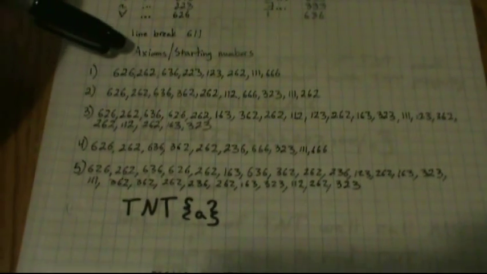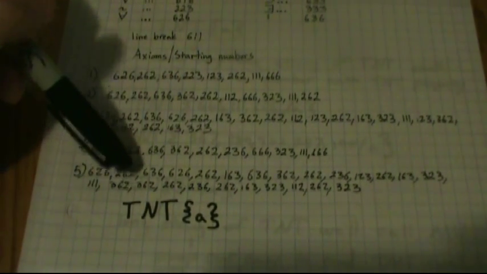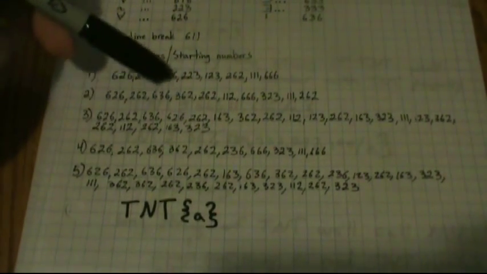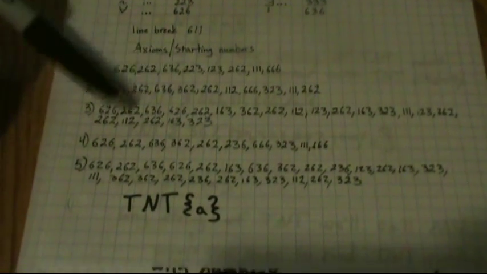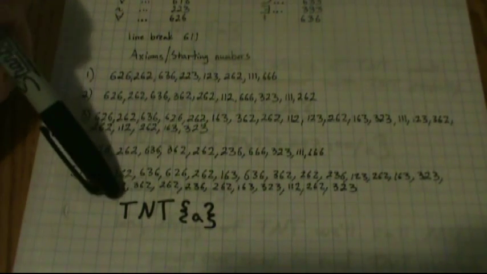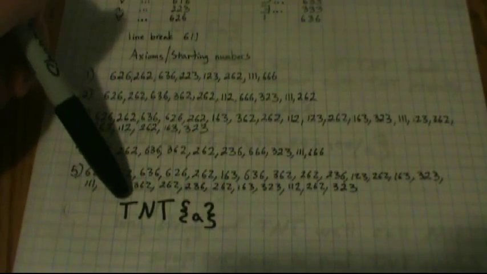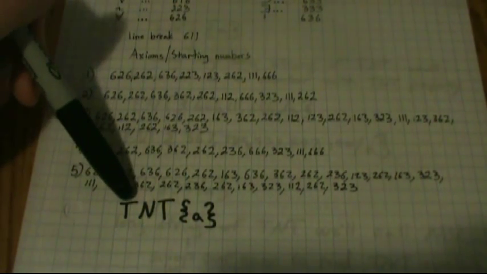In whatever very, very long string of TNT that represents taking these starting numbers and applying however many very long rules to them and getting a result, as a number we're going to call a number with TNT property, or a TNT number.